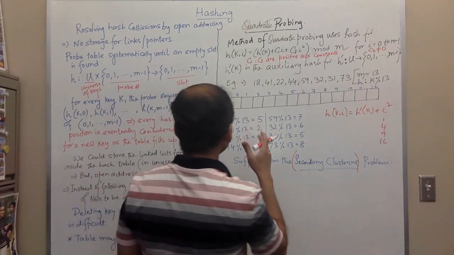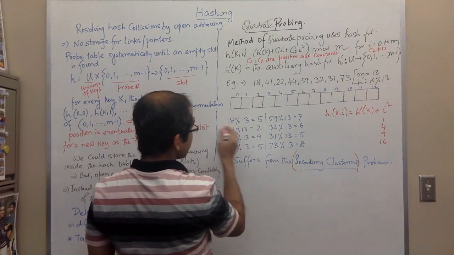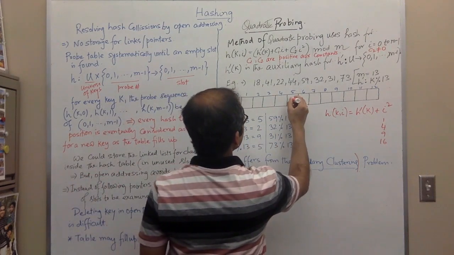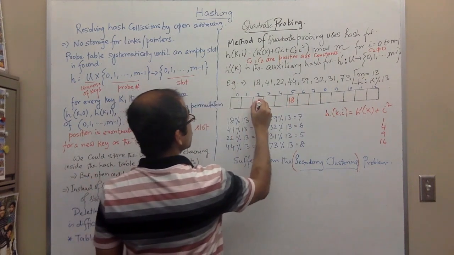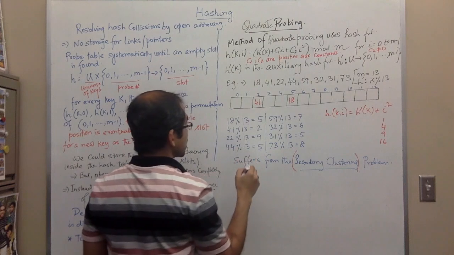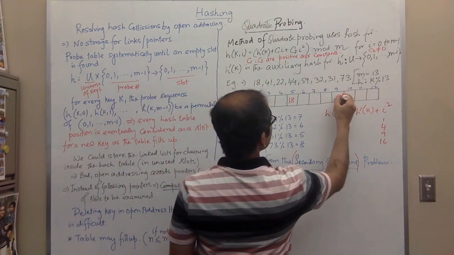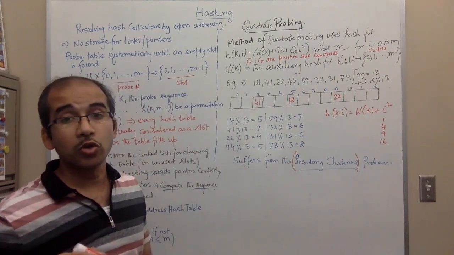See this example: 18 modulo 13 goes to 5, so we write 18 in place of 5. Then 41 goes to 2, there is no collision. 22 goes to 9, no collision here also. Then we have 44, which goes to 5.